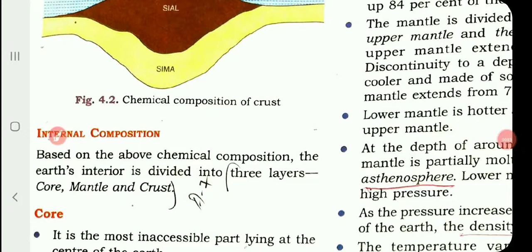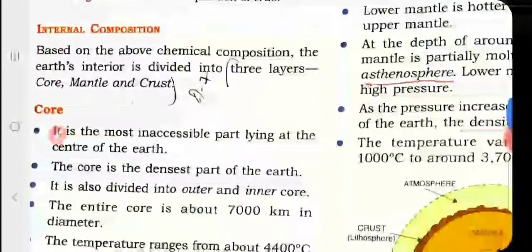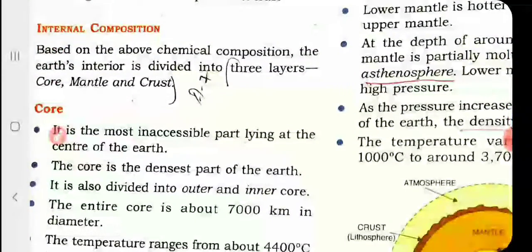In the previous class, we were discussing Earth's structure and the layers of the Earth in general. We saw Earth is made up of concentric layers.